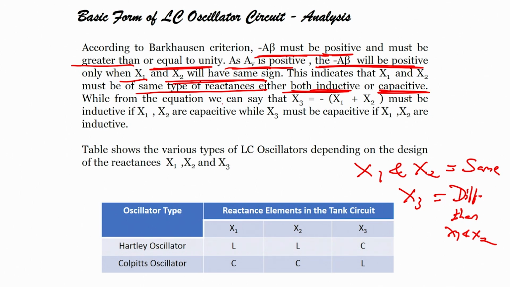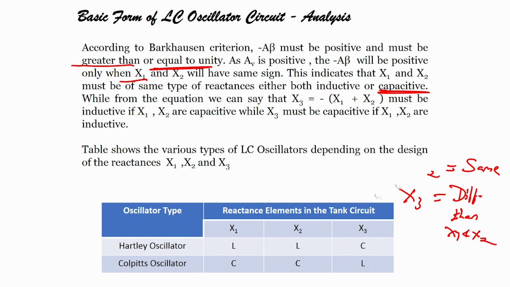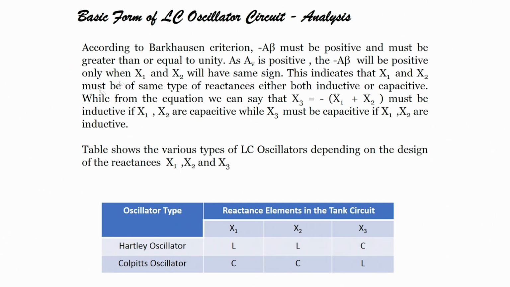From the equation we have seen previously, x3 equals minus (x1 plus x2) must be inductive if x1 and x2 are capacitive, while x3 must be capacitive if x1 and x2 are inductive. So what we understand here is that if I have reactances x1, x2 and x3, and I select x1 and x2 to be capacitors, then my x3 can be an inductor.